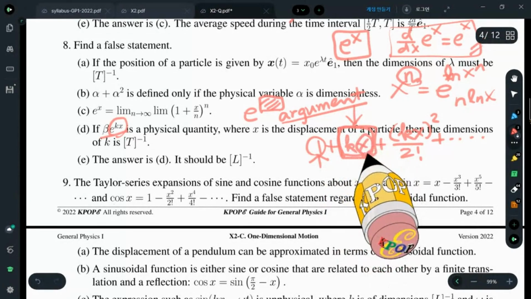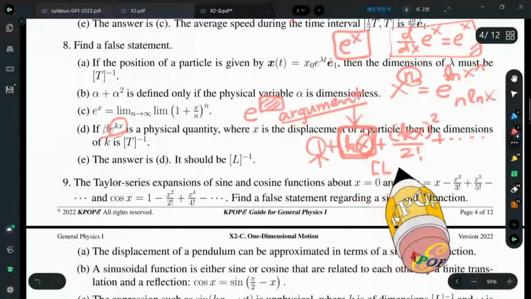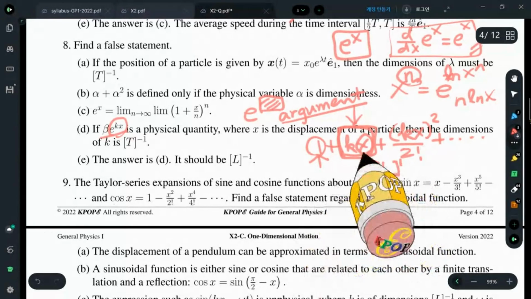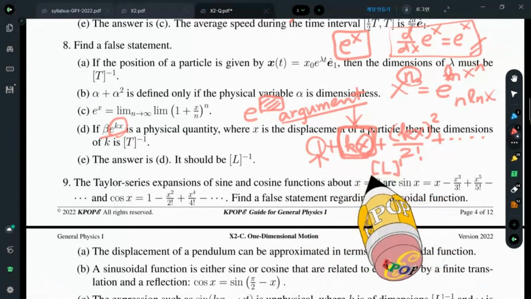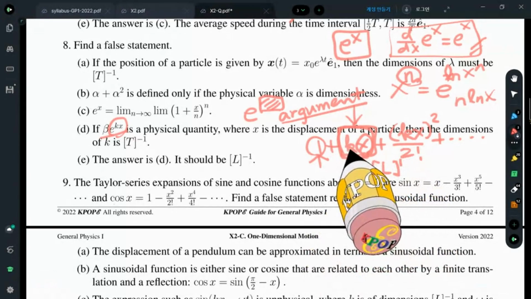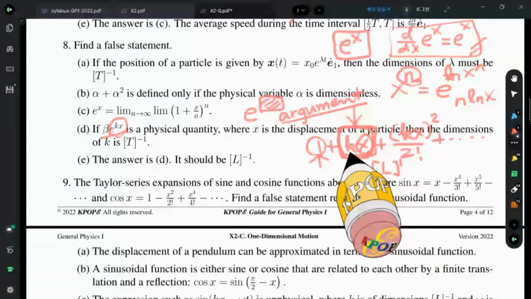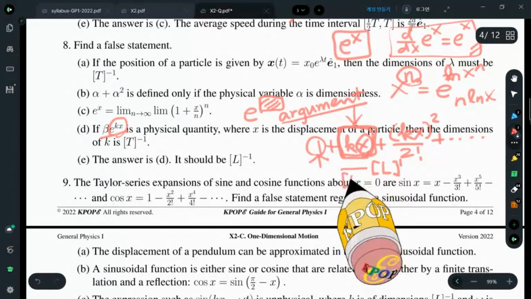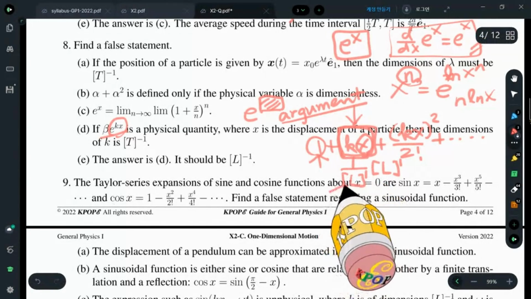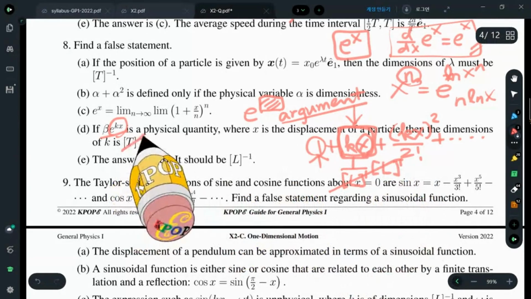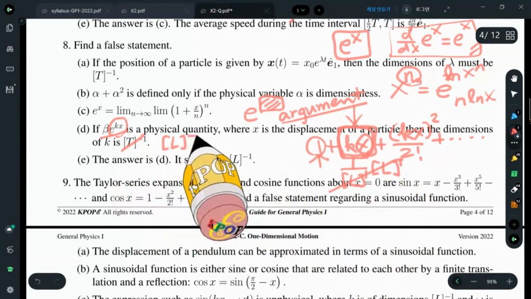We know x has the dimension of length, so this dimension must be destroyed. This one can only be cancelled by the dimension of k that must be inverse power of length. Okay, so they cancel. So it should be length inverse.